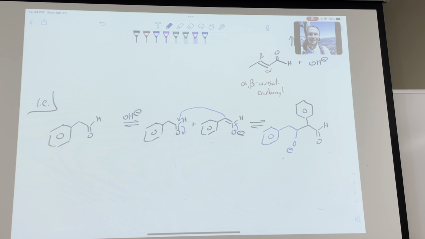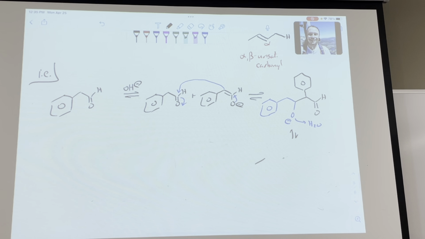We just need to protonate the alkoxide. That's your beta hydroxycarbonyl.